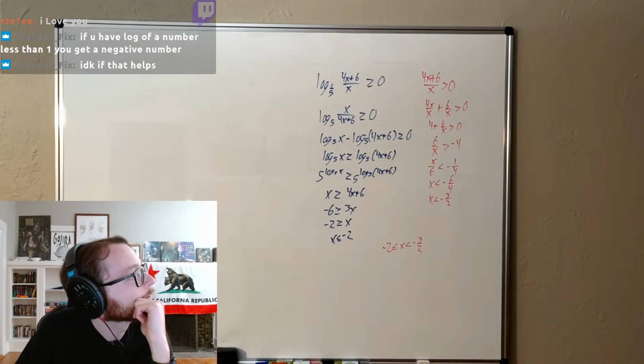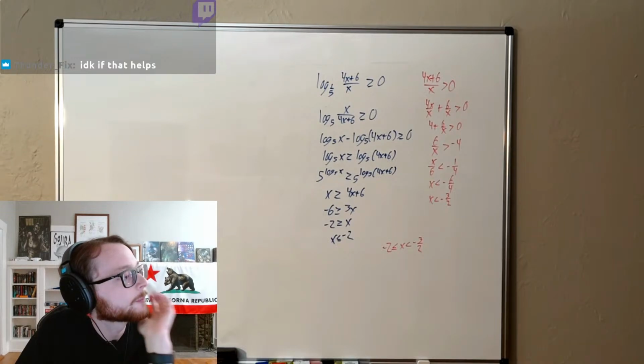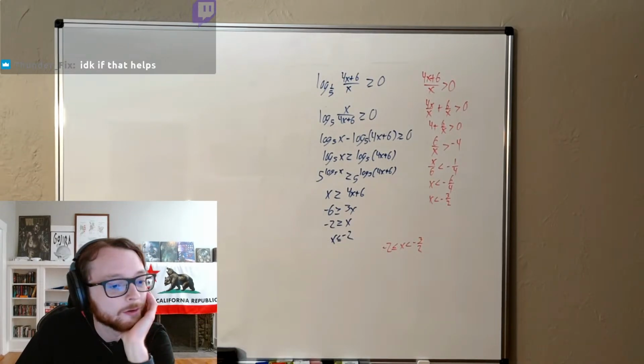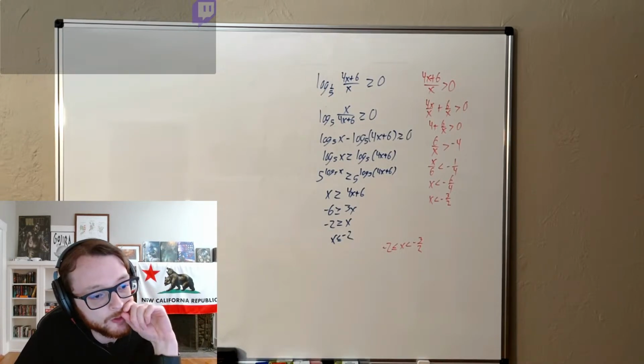That could be it, Thunder. I wonder if I tricked myself by doing that, flipping the base and flipping the inside. Storm might have gotten an even better version of the answer here.